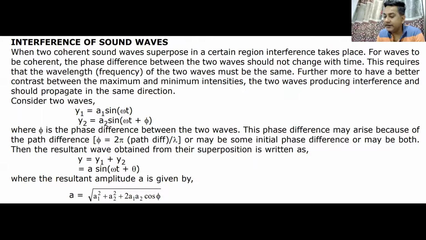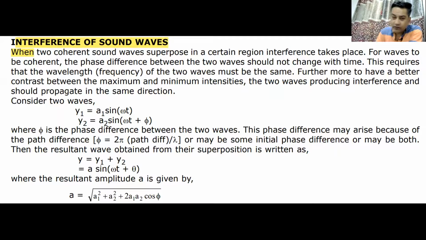Well, let us move ahead to the next topic. This next topic has been dealt with in great detail in the lecture on transverse waves, and before that in wave optics. So I'll request you to go back to the previous topics for a quick revision. What is interference of sound waves?